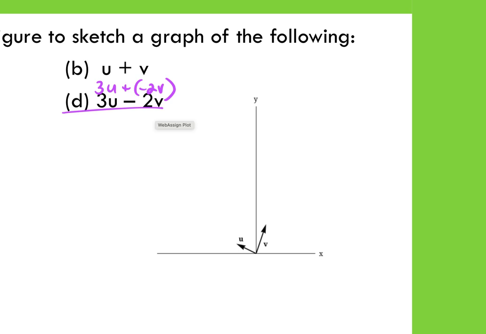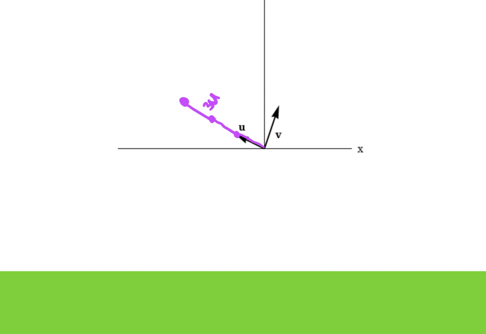So first thing I'm going to do is 3U. I'm going to take U, that's 1U, that's 2U, that's 3U. So we're going to say this is 3U. Now I'm going to do negative 2V. So I go the other direction of V, and I want to double its length. So this would be a negative 2V. And now I draw my little parallelogram out of the ends.